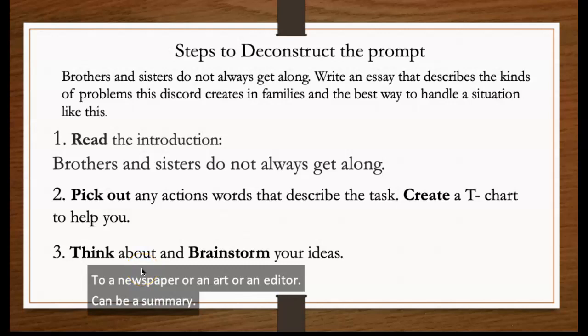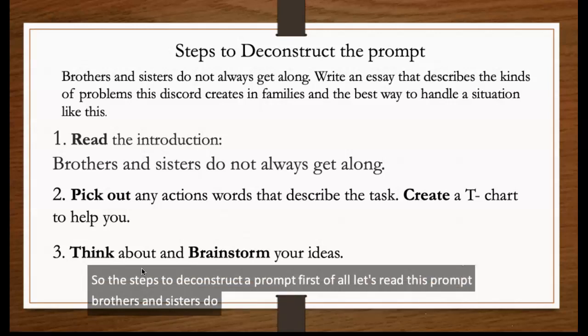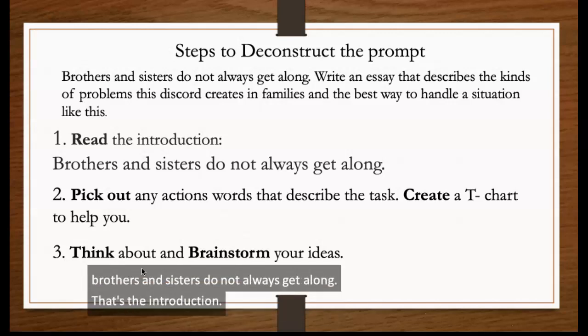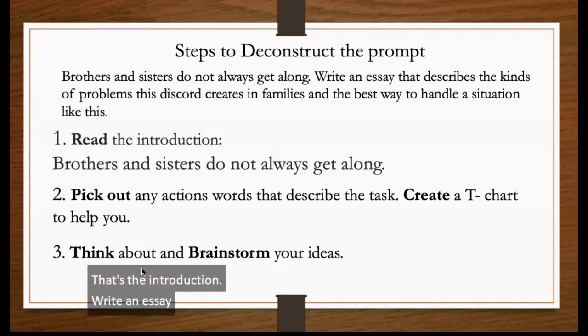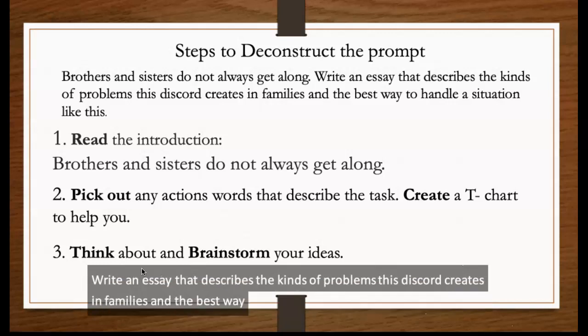So the steps to deconstruct a prompt. First of all, let's read this prompt. Brothers and sisters do not always get along. That's the introduction. Write an essay that describes the kinds of problems this discord creates in families and the best way to handle a situation like this.